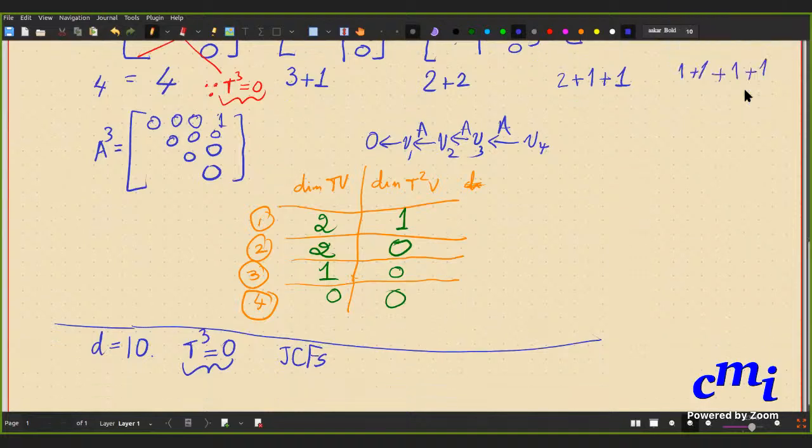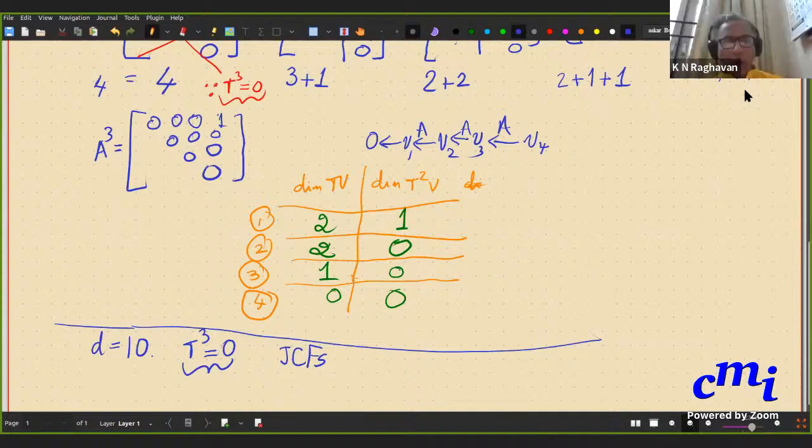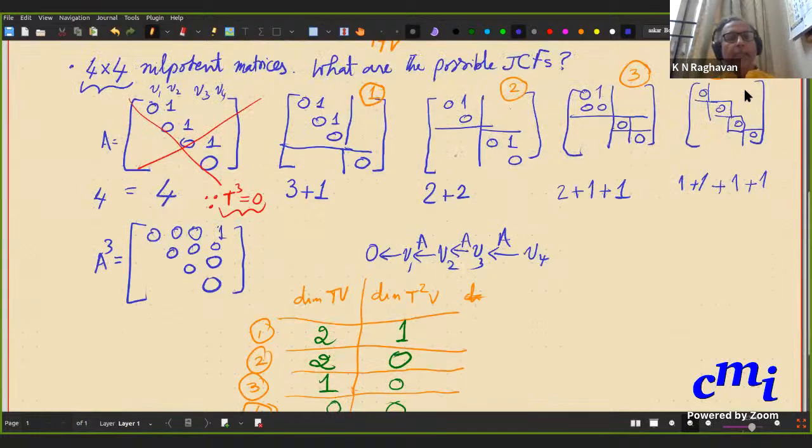Yes. Okay, so you take all partitions of 10, but then what is the condition? What is the restriction? Not that one of the parts must be 3, but if you had a part like this, 4, will T cubed be 0?